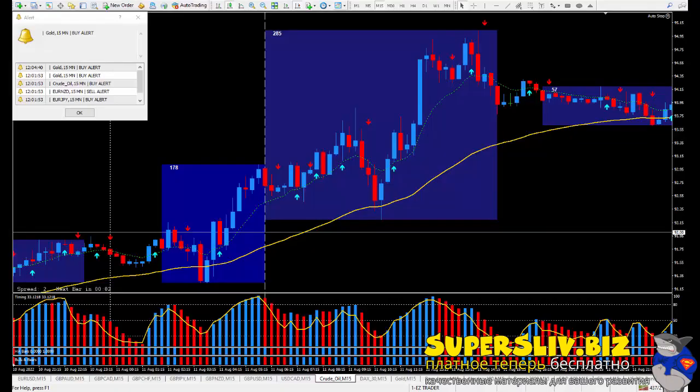You know, some traders love the S&P 500, but it only pays $5. 30-year bonds, $5. Now, silver doesn't move a lot, but it does pay $50 a tick. NASDAQ is $20 a tick. Dow is only $5. Gold, $10 a tick.